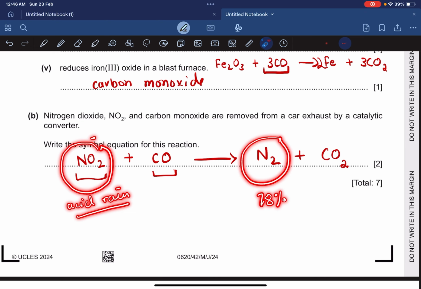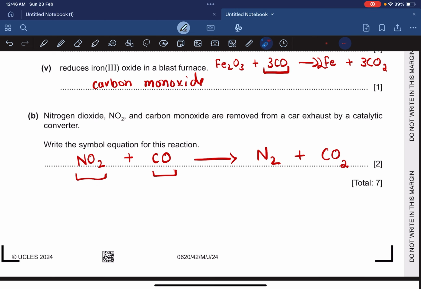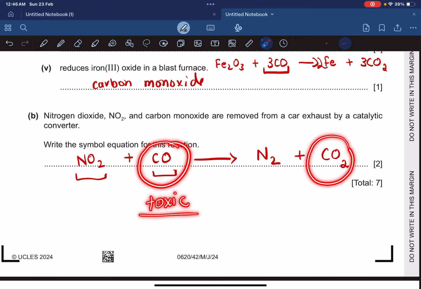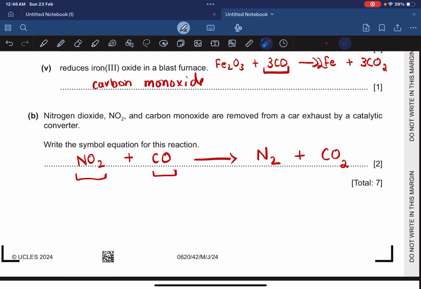So when you convert your nitrogen dioxide to nitrogen gas, you're basically converting it into a less harmful substance, okay? And similarly, carbon monoxide is a toxic gas, whereas carbon dioxide also causes global warming, but it is not as toxic as carbon monoxide. So you convert it into carbon dioxide, and then you have to balance the equation as well.